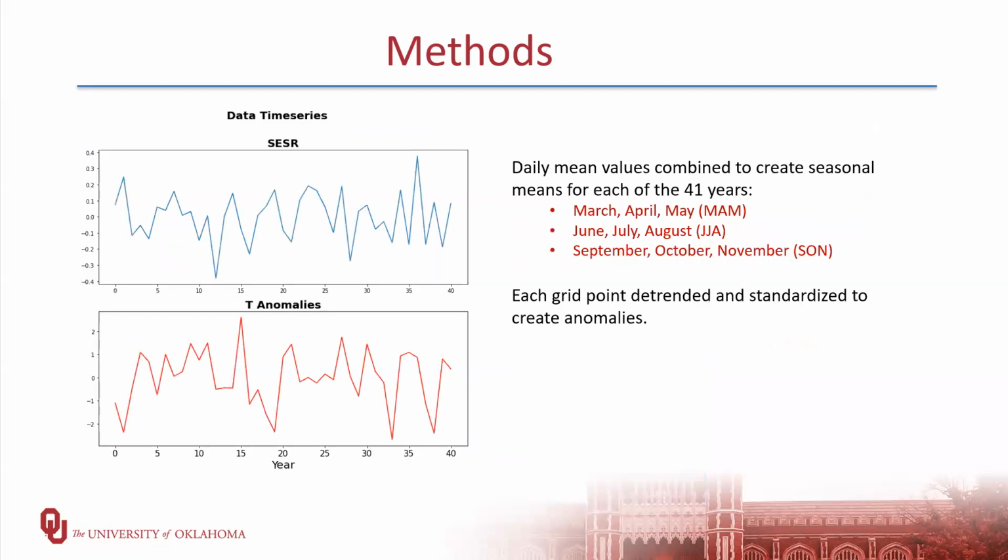So these daily mean values that we collected were combined to create single seasonal values for each of the 41 years. So we'd have 41 values, one for each spring, each summer, and each fall. Then the seasonal time series were standardized and detrended to create anomaly values. Here we can see an example from a random grid point that exhibits the yearly seasonal anomalies for both our SESR and our temperature.